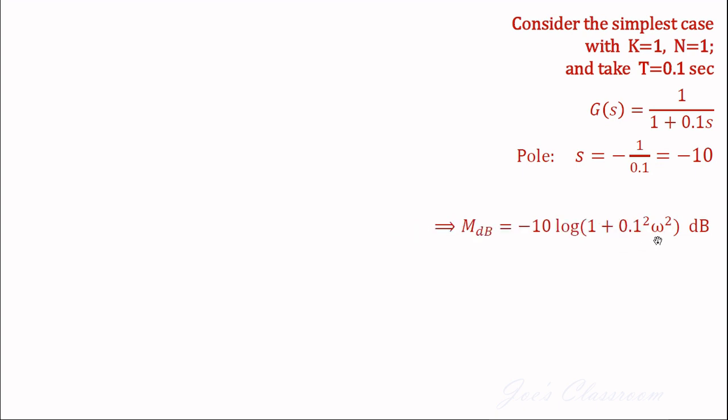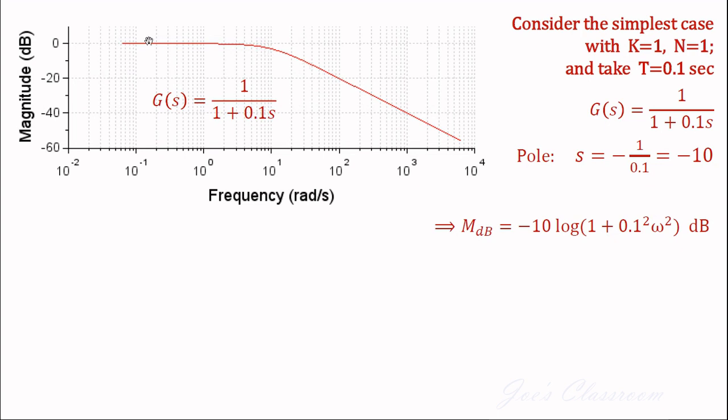That's what we get. If I plot this in a semi-log sheet as a function of omega, this is the shape of this magnitude plot. Okay, so I just plotted this magnitude as a function of omega for a frequency range of 0.01 to 10,000.